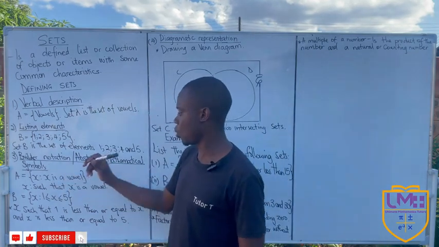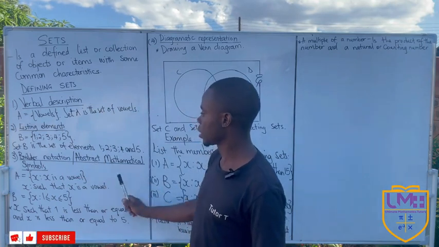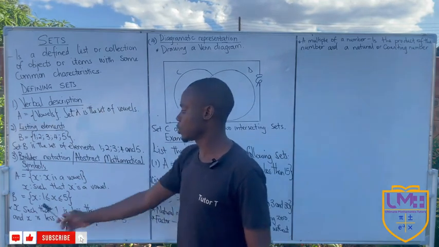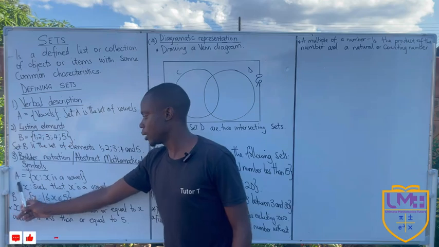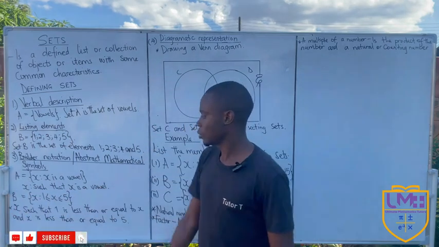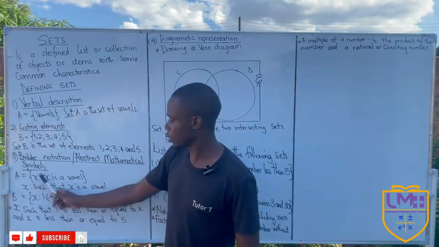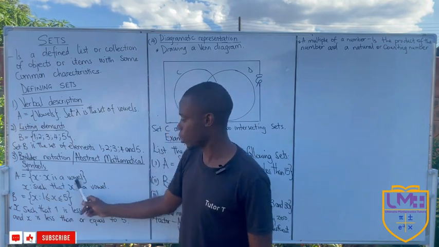Number 3, set builder notation or abstract mathematical symbols. Given A equals x such that x is a vowel.